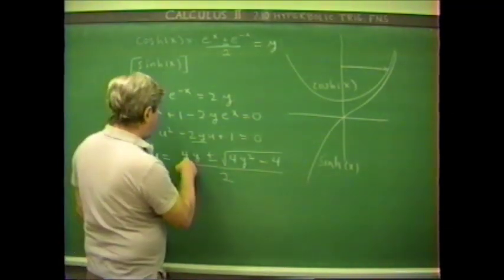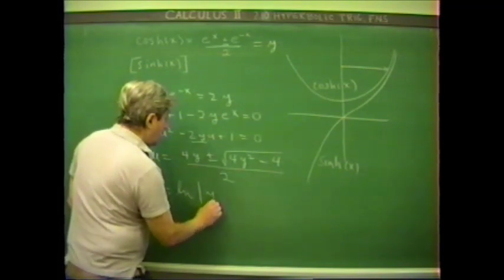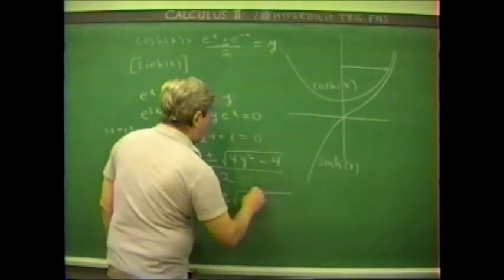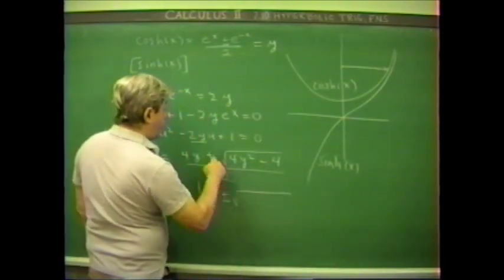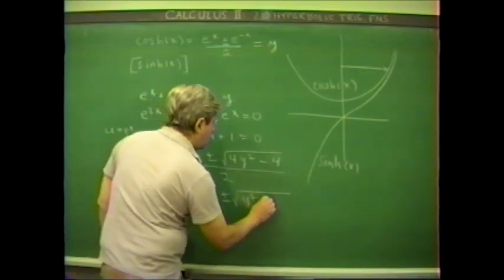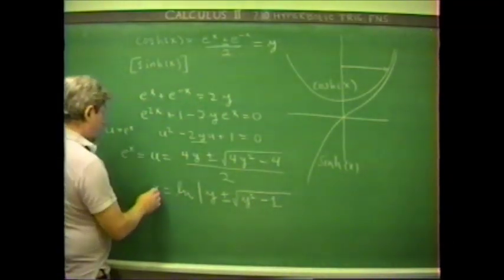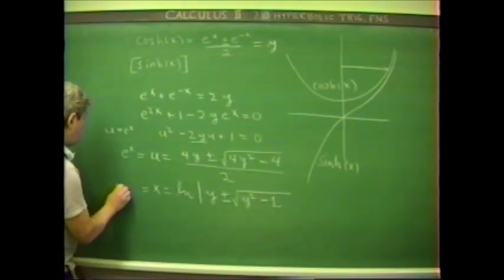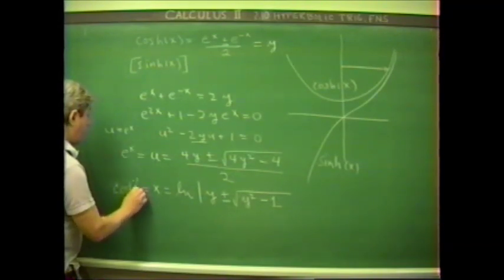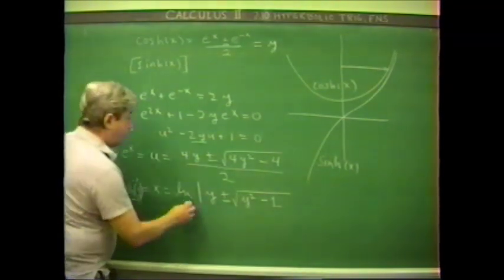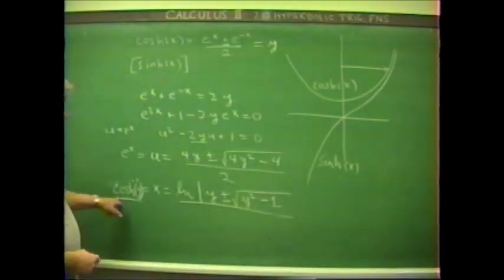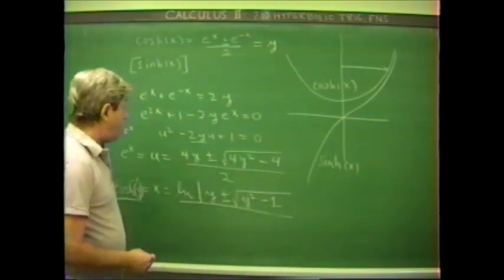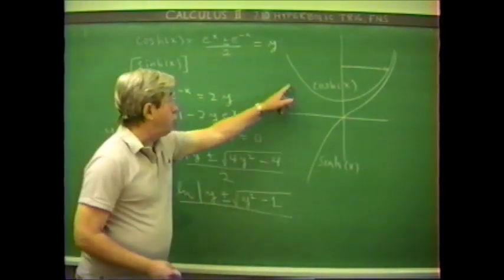And we could simplify this side by dividing 2 into here. y plus or minus the square root of, taking the 4 outside of the square root here, we get y squared minus 1. So this is hyperbolic cosine inverse of y. Given a y, it tells you what x should be. Obviously, hyperbolic cosine inverse of x would be the log of x plus or minus the square root of x squared minus 1. And the plus and the minus should give you the two parts.